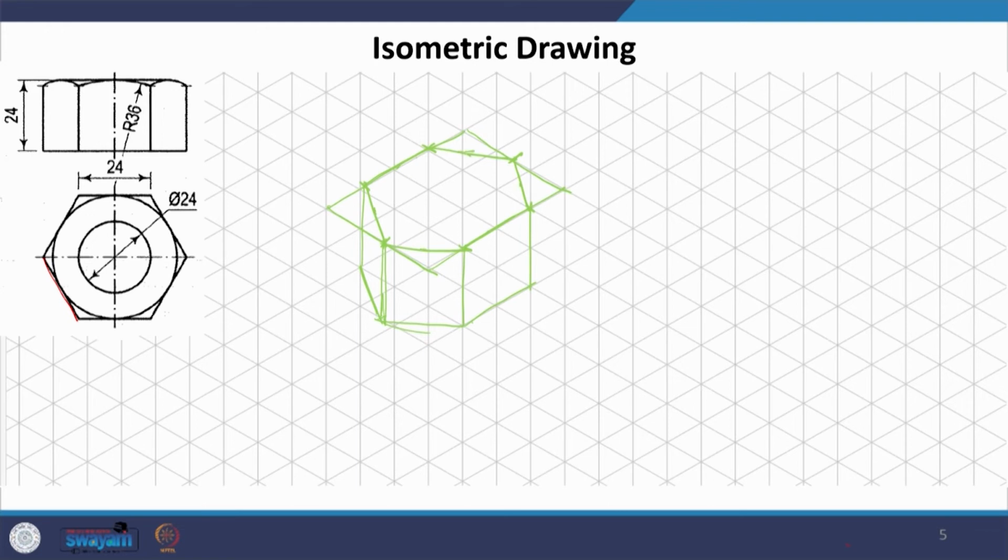Now, I am directly drawing it. We will actually first take the center, draw the square and then arrive at this circle. So, arriving at this circle and then taking the same axis, the center of it, arriving at the inner circle also.